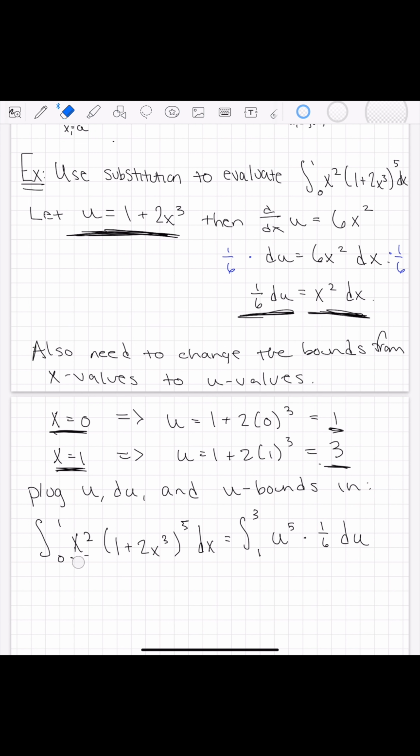And because I'm multiplying by 1/6, I can pull it out of the integral.